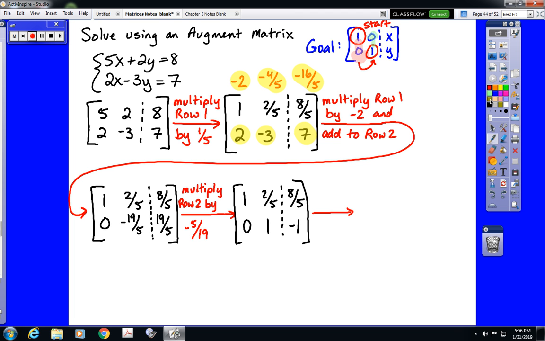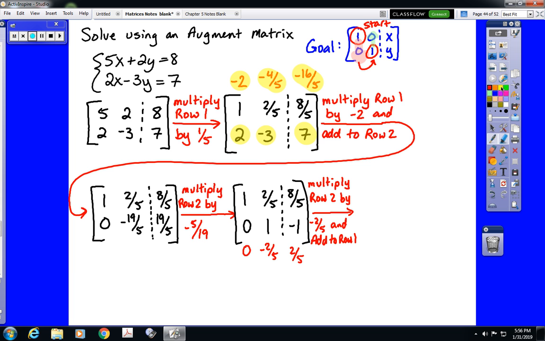Okay? So to do that, we're going to multiply a copy of row 2 by negative 2 fifths, and we're going to add it to row 1. So that would be 0, negative 2 fifths, and positive 2 fifths.